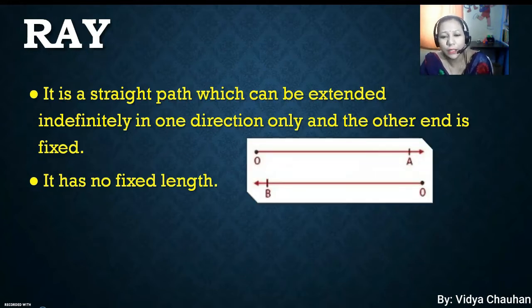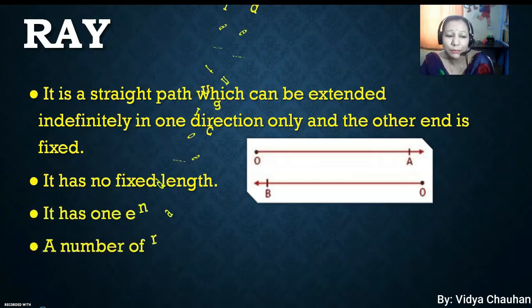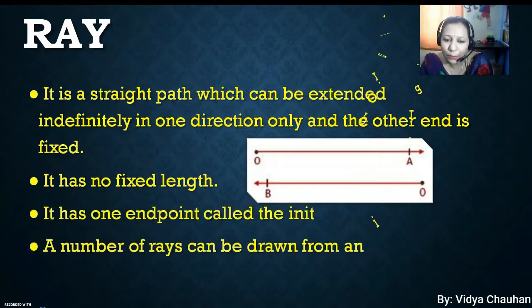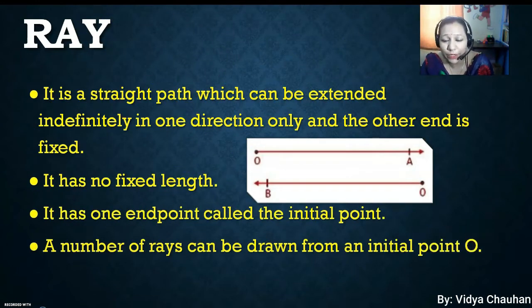Now here in the image you can see there are 2 rays represented, ray OA and ray OB. At the same time, it has one end point called the initial point, from which the ray started, and a number of rays can be drawn from an initial point.